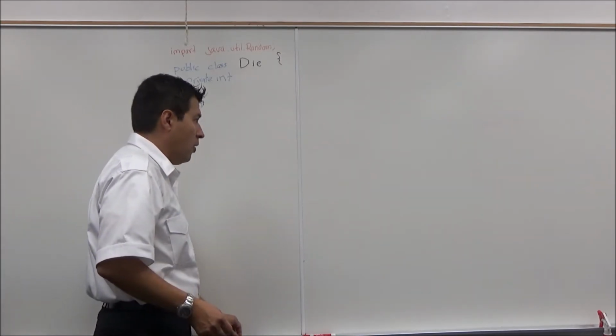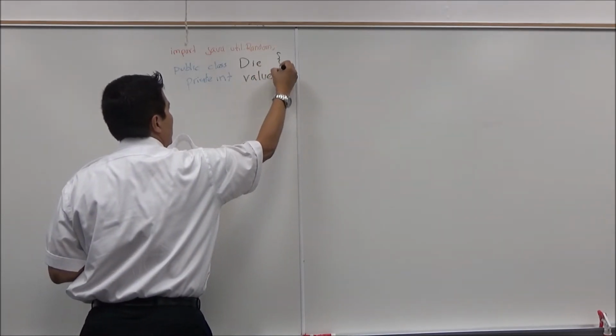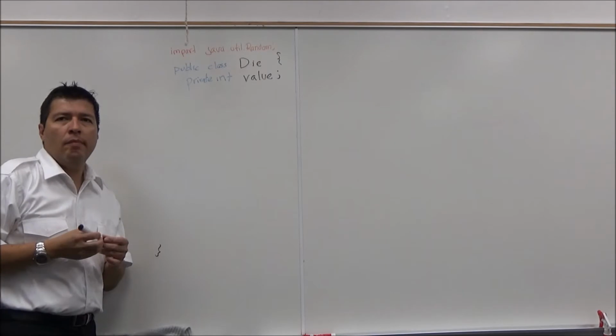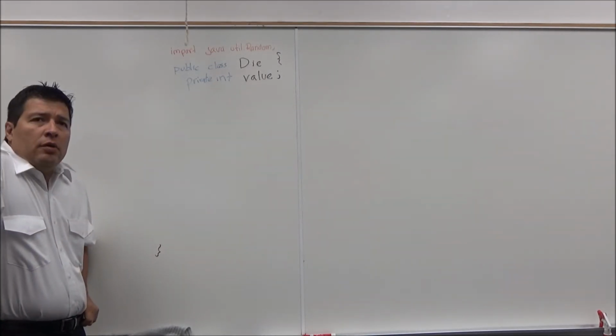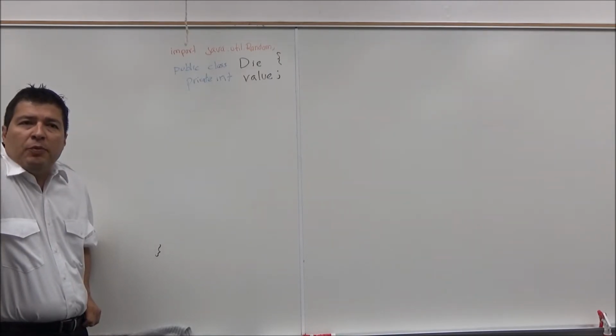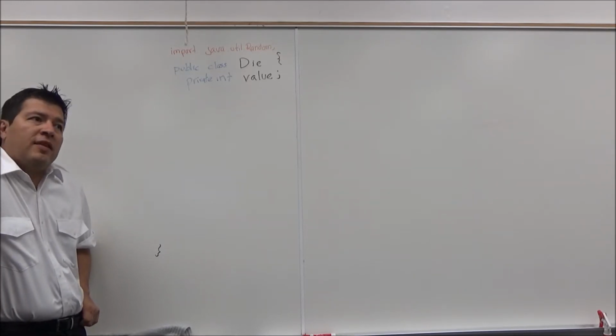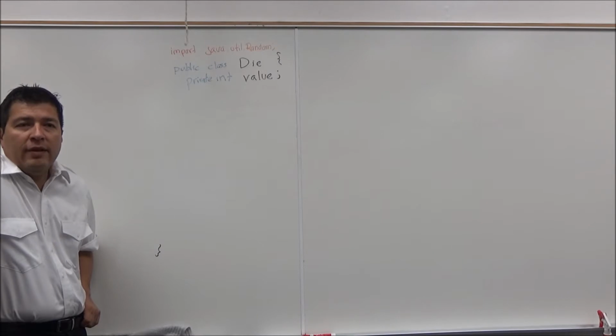And you can call it value or whatever. But an integer is a 32-bit number, so it can hold numbers up to 2 to the 32, 4 billion something. Because it's signed, half is negative, so negative 2 billion to positive 2 billion, whatever. But the die doesn't have that many sides, right?